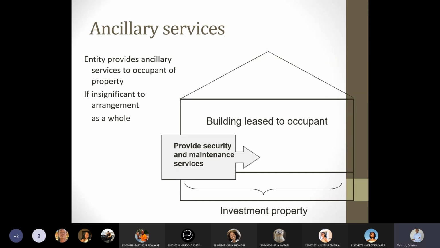It's not really that important to the whole arrangement. Are we together? Okay, I assume that we are together.